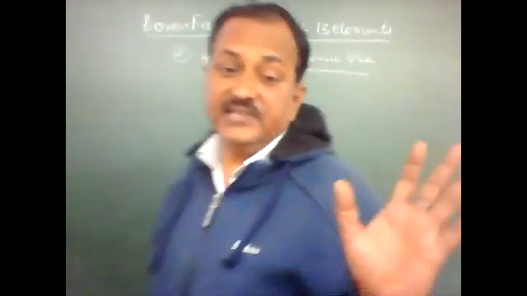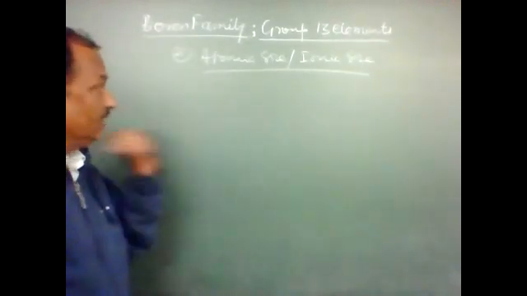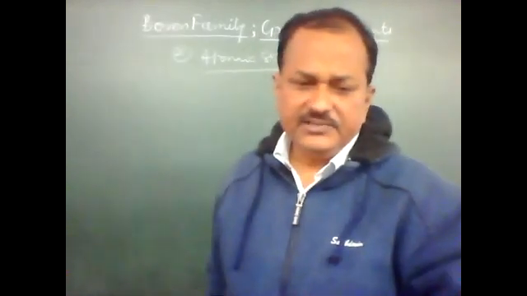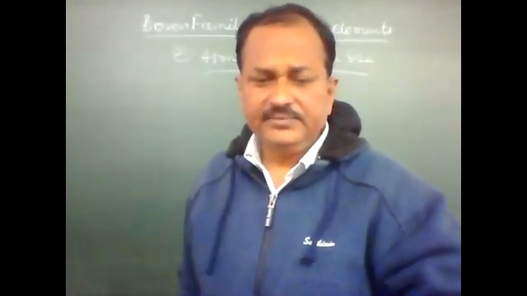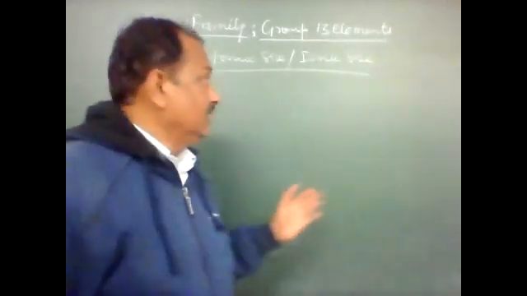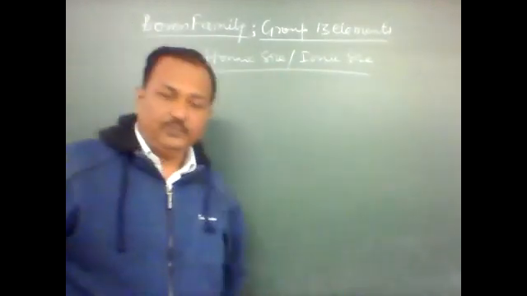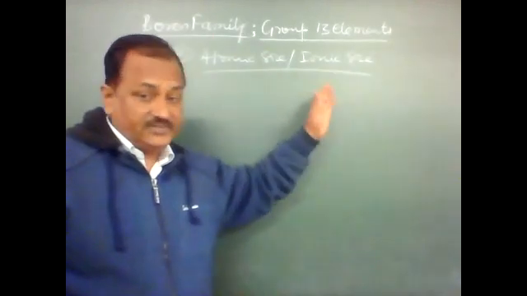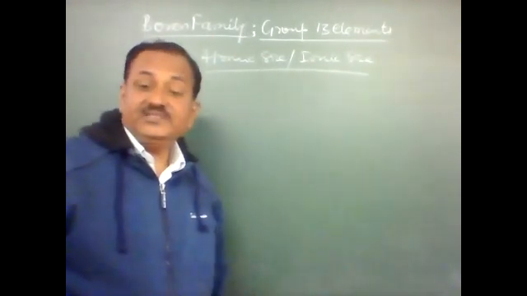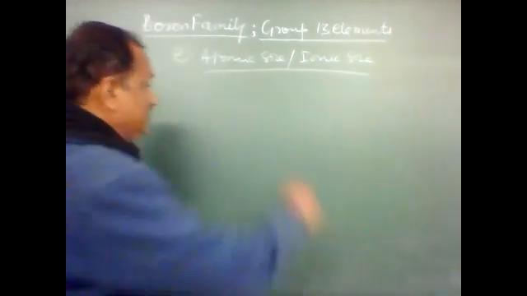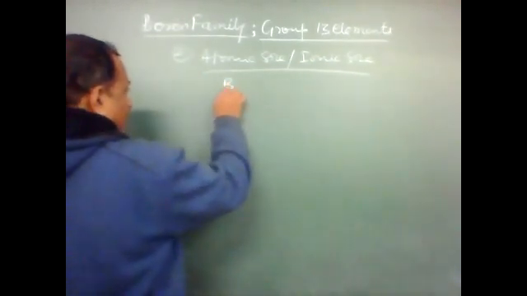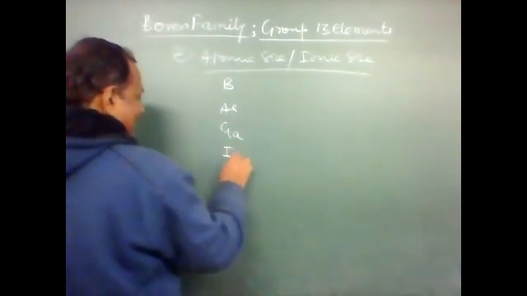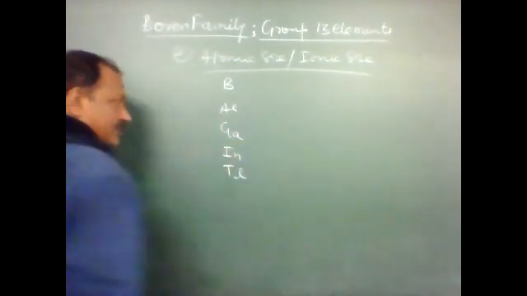Now this is the second very important part, atomic size and ionic size. As a general trend, when we move from top to bottom in group 13, boron is the first and thallium is the last: boron, aluminium, gallium, indium and thallium.